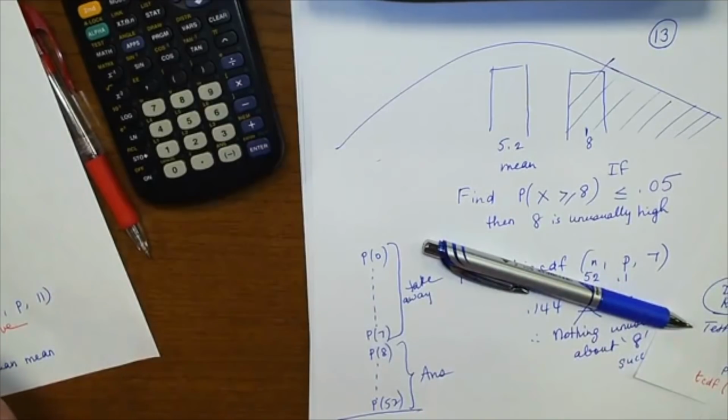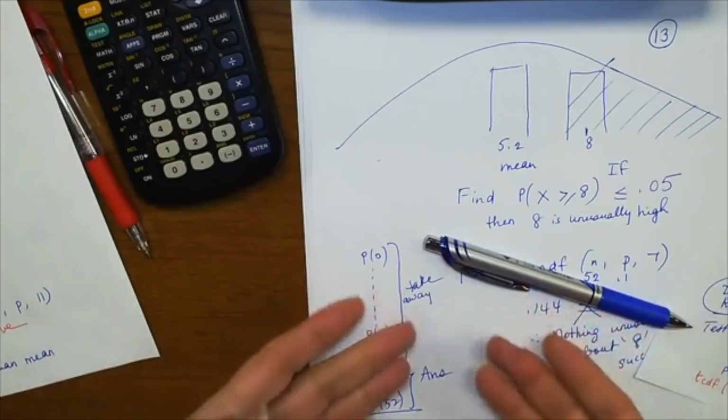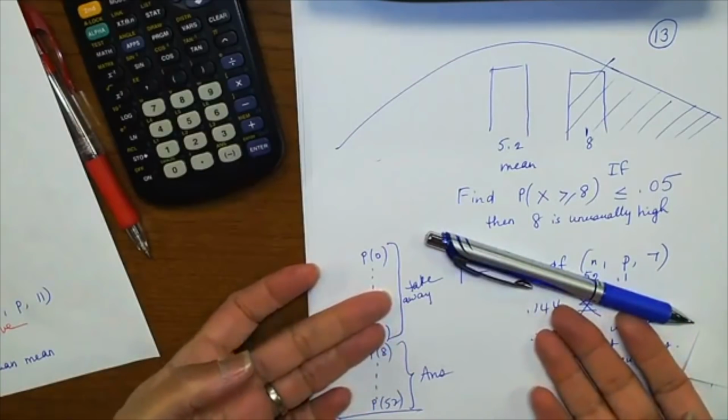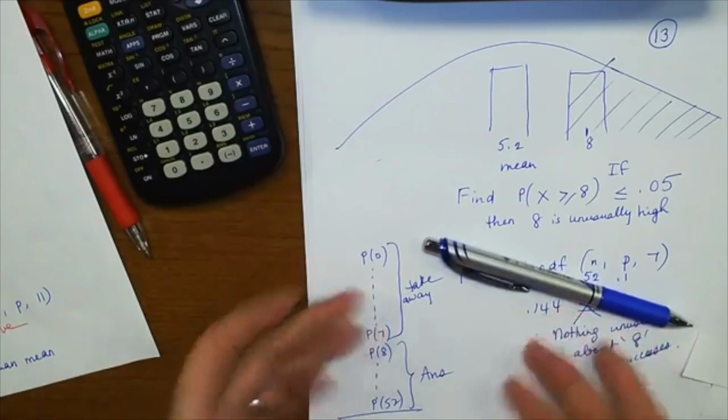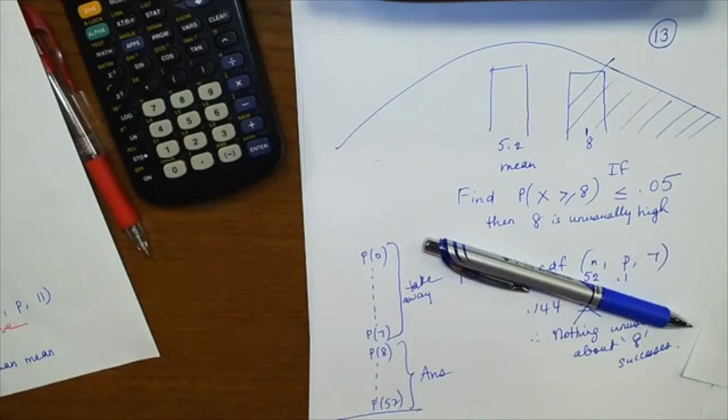The following Monday, your class is Monday, Wednesday, so we'll go over normal approximation to the binomial. There's nothing more left for me to show you that's on your final after that. Any questions?